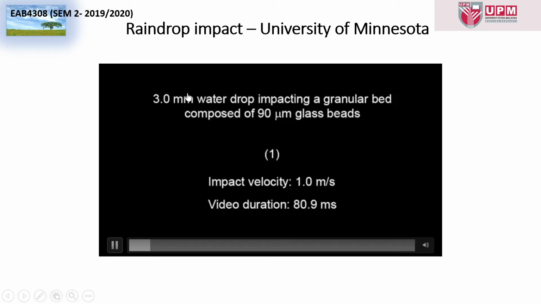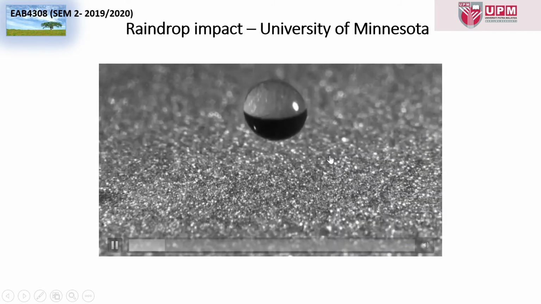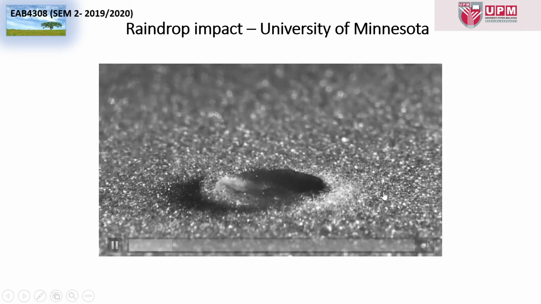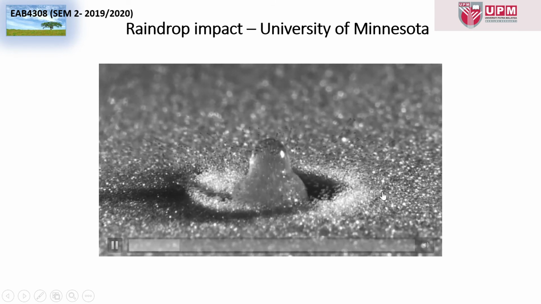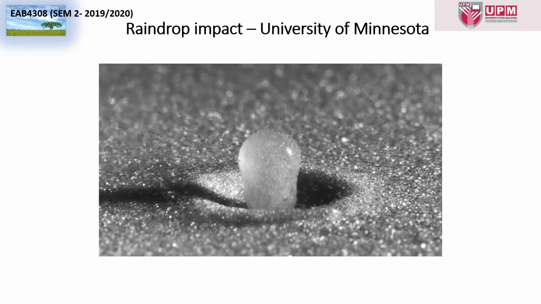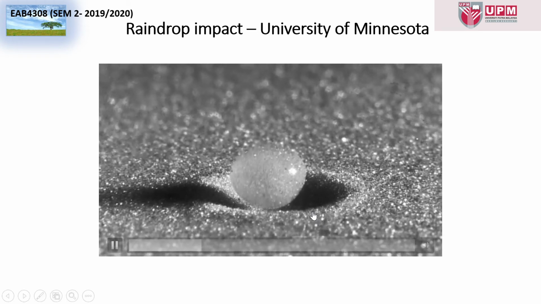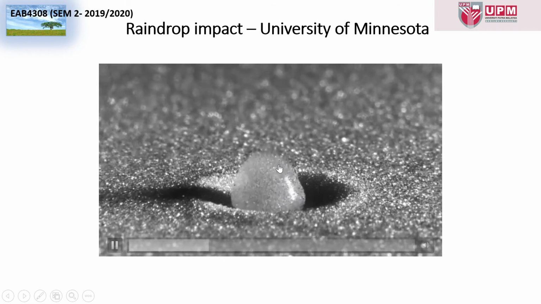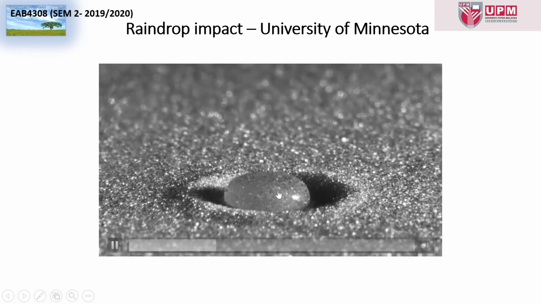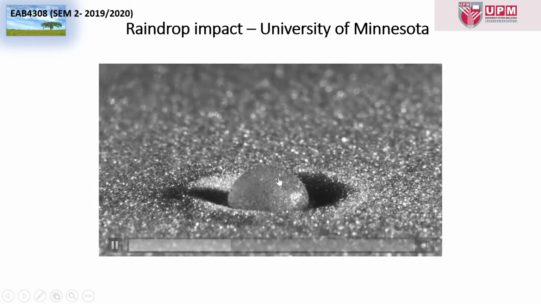So in this test, a 3 millimeter water drop impacts a granular bed with impact velocity of 1 meter per second. You see the water drops on the granular bed and it forms a granule which bounces back on the surface and settles.